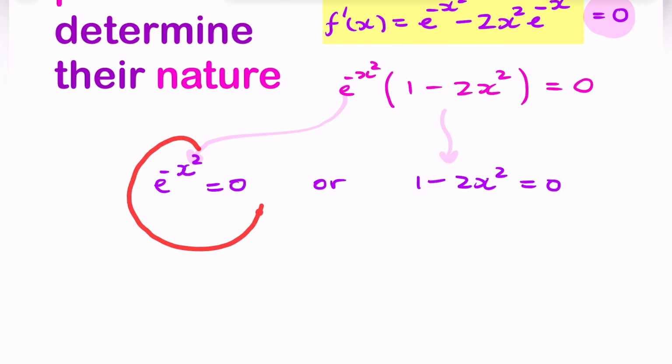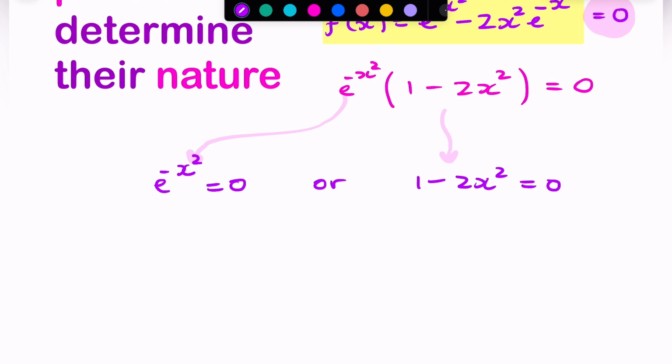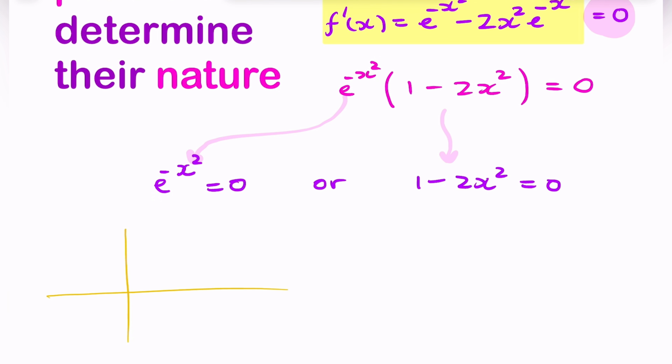Now if you look at this, that's an exponential, and an exponential can never be 0. You can't raise a constant number to any power to give you 0. So e to the minus x squared will give you something like this. And it will approach 0, but it'll never give you 0.